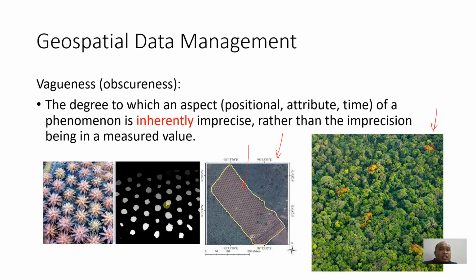But how determined is the system really in telling you that yes, there are only 5 durian trees in these photos?